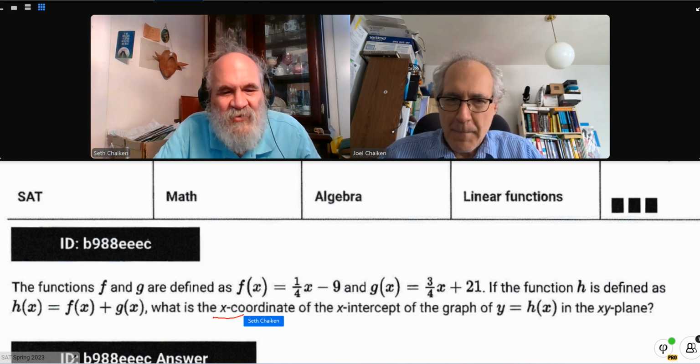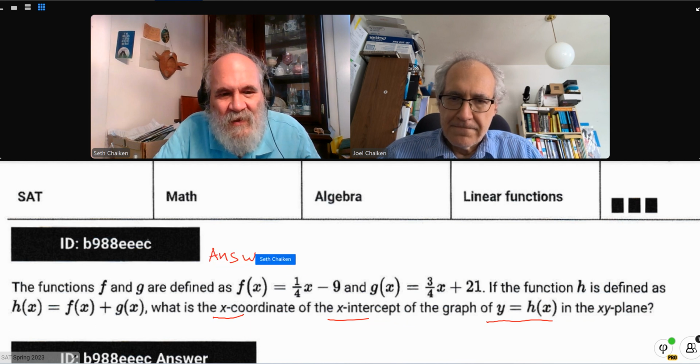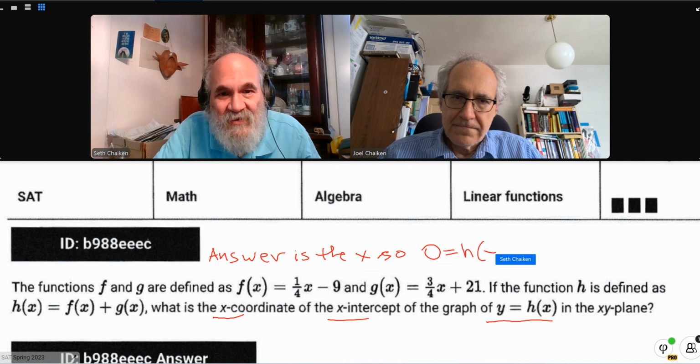They ask for the x-coordinate of the x-intercept of this graph. So what we want is the answer is the x such that 0 equals h of x.